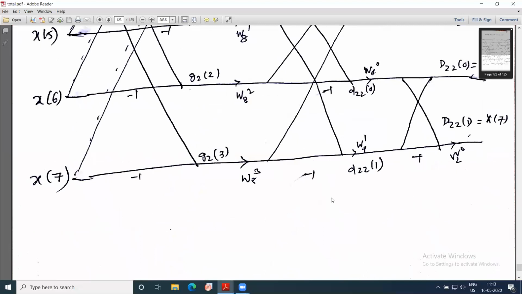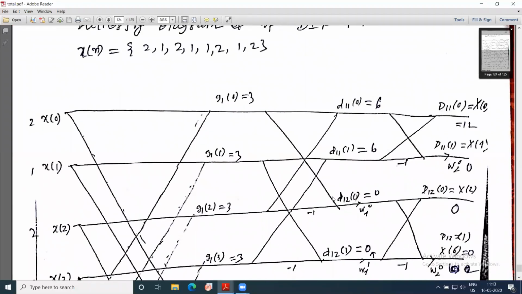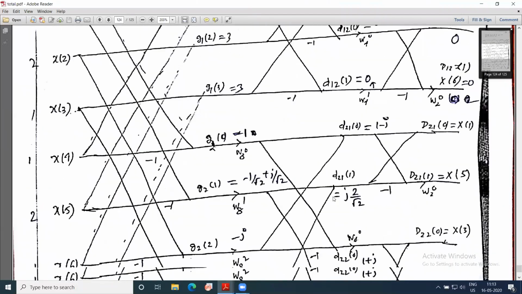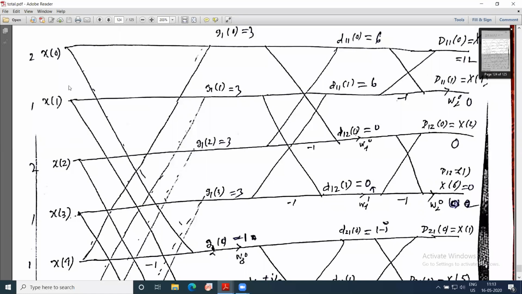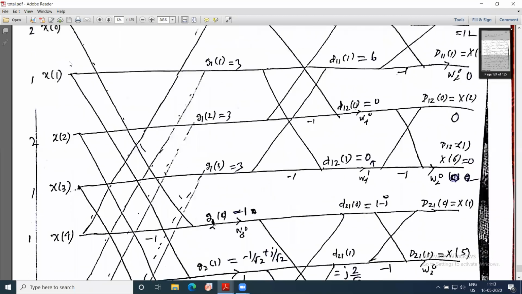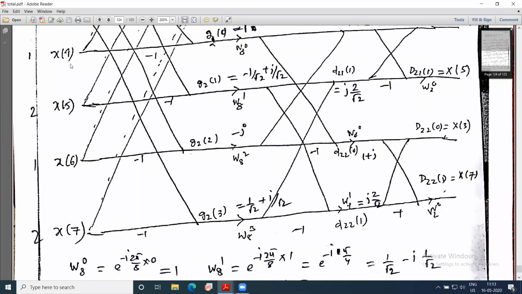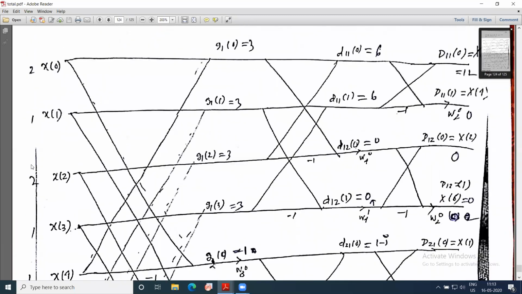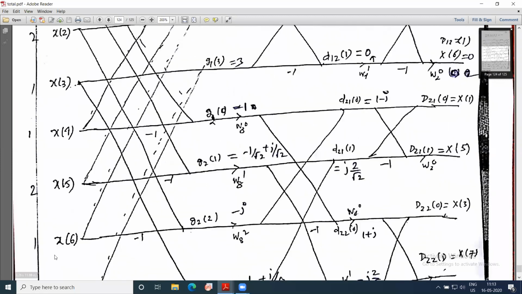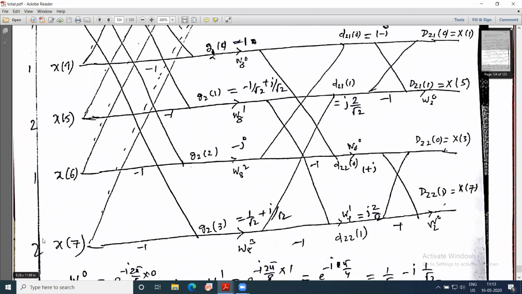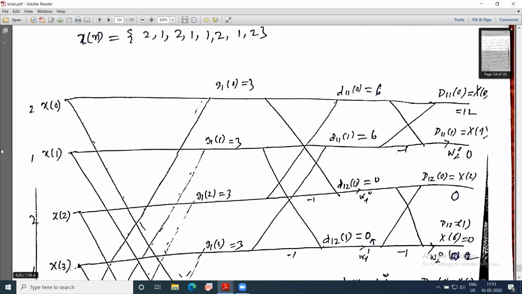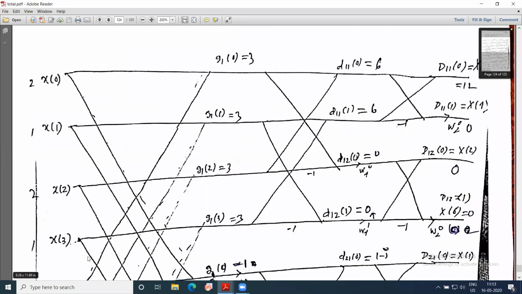Now, next, what I have to see. If this is in normal order, then I can write 2 1 2 1. Then I have written this in normal order. Then if I compute this, g1 of 0 is equal to x0 plus x4.